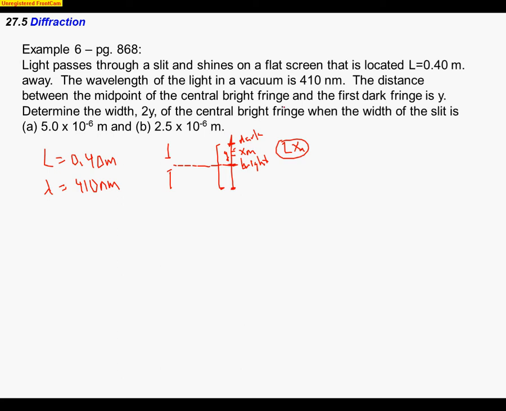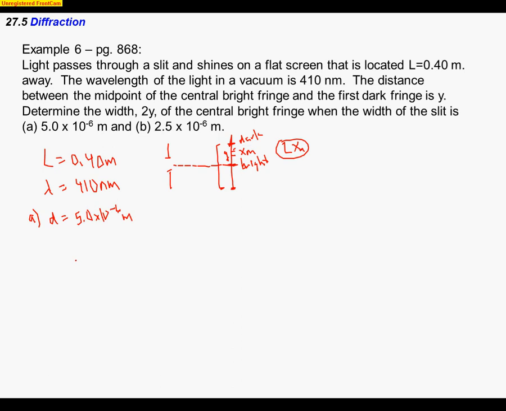So we're supposed to do this for two different cases. First of all, for A, when the width of the slit is 5 times 10 to the negative 6 meters. In our equation, that's what we've been calling D, 5.0 times 10 to the negative 6 meters.